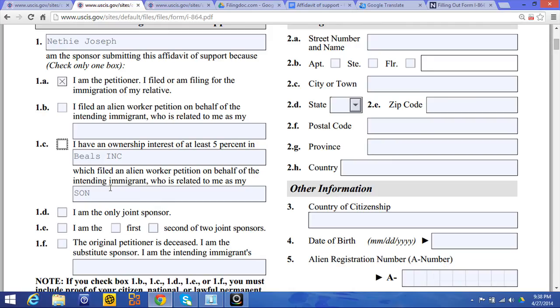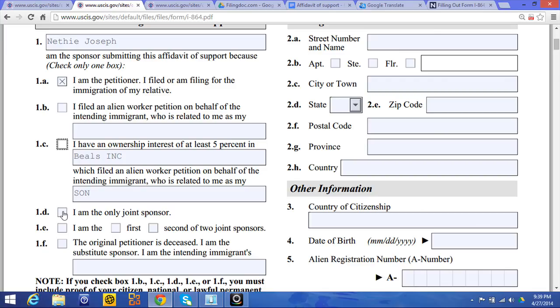You will check 1D if you are the only joint sponsor. The joint sponsor can be a friend or a family member. If you are the only joint sponsor, that means there is no other joint sponsor, since we can have 2 joint sponsors. Then you will check 1D.